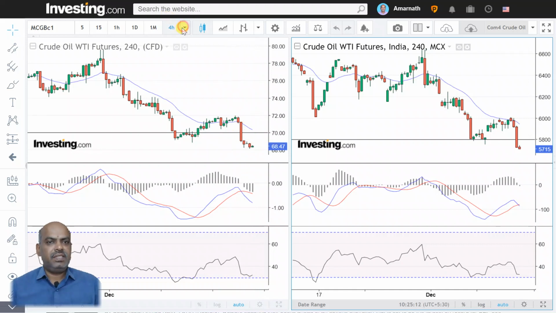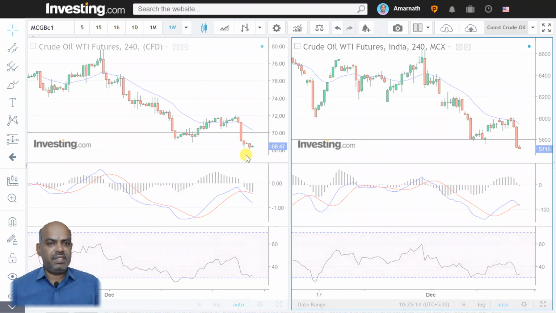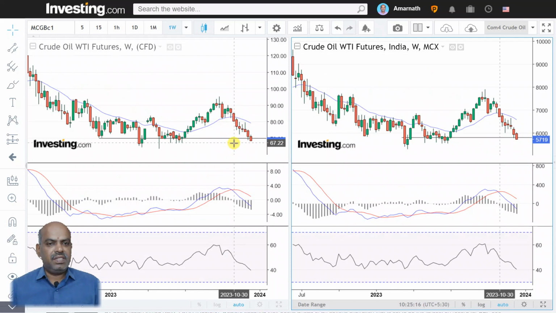If you see the weekly chart, we will come to know that clearly. So this zone 65 would be the next support. Presently the downside target is 65 in the global contract. In MCX, 5,500 would be the downside target, and that is the support.